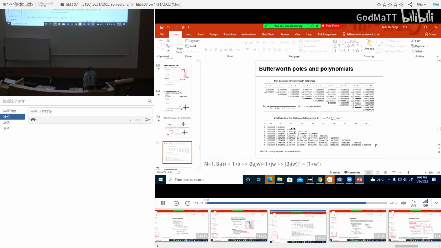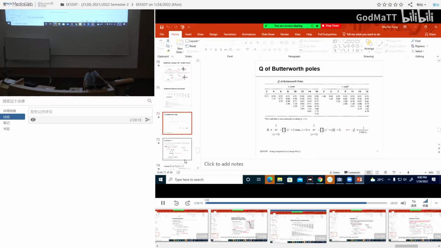So here is the Butterworth function, s to the n plus some polynomial in ai s to the i. So the highest power of s to the n is always 1. Another table tells you what the Q of the Butterworth filter is.